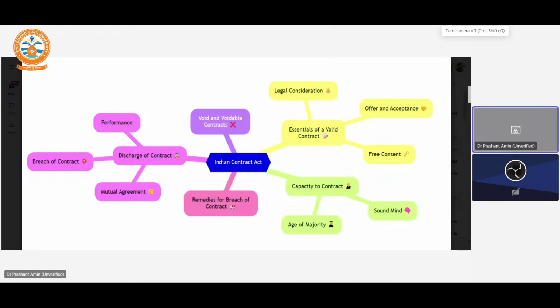The first is free consent. Free consent means both the parties mutually agreed to enter into the contractual agreement. There is an element called offer and acceptance. One party has something to offer, and the other party, without any coercion, without any force, enters into the contract.